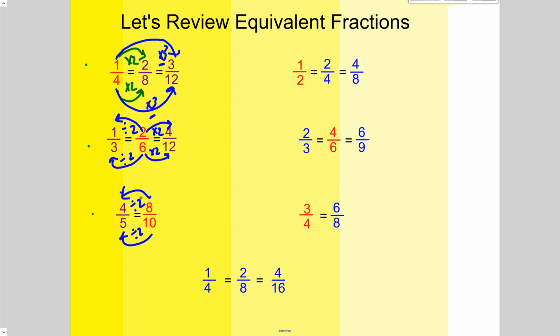Now the other three that we have here, these three over here, these we did using the number lines. So we saw that 1/2 was 2/4 times 2 and times 2. We also saw that the 1/2 was 4/8. Look at that. That's times 4 and times 4. On the middle one, we found 4/6 was our first starting point.